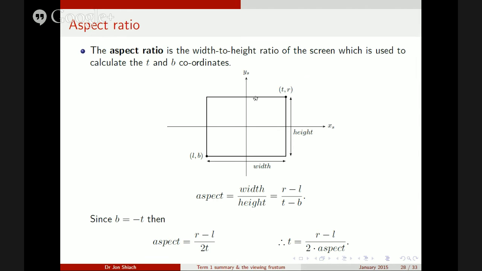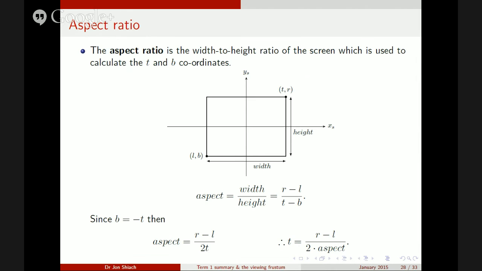So if B is simply minus T, and we rearrange, the top coordinate is R minus L over 2 times the aspect ratio. Once you've got the top coordinate, minus it, and that gives you the bottom coordinate.